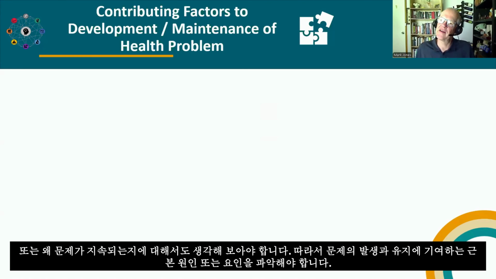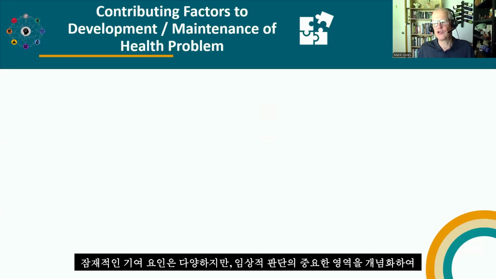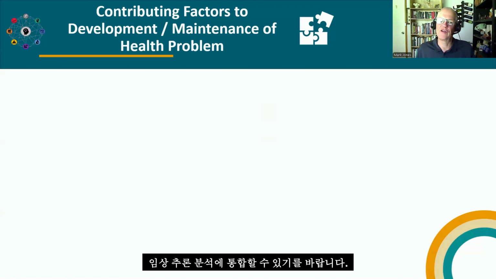So we need to identify underlying causes or contributing factors to the onset and maintenance of the problem. And there's many different potential contributing factors, but I want you to just be able to conceptualize this important area of clinical judgment so that you incorporate it into your clinical reasoning analysis.